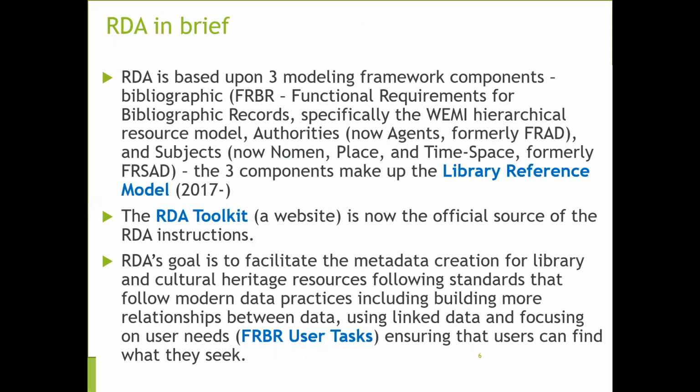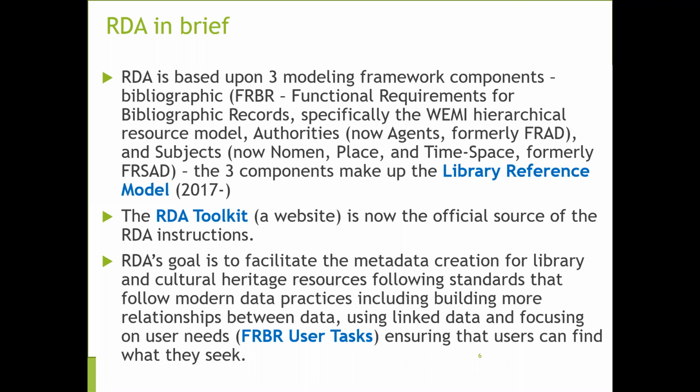RDA, we're just going to look at it in brief to set the stage as we go forward here. RDA is based upon 3 modeling frameworks. Bibliographic part of it, so that's your descriptive part of it about your resource itself. This would have been FRBR, so functional requirements. If you think about what some of these words mean, it'll help you see how they fit into things. So RDA is about that resource and how you are going to describe it and how you are going to provide access to it.